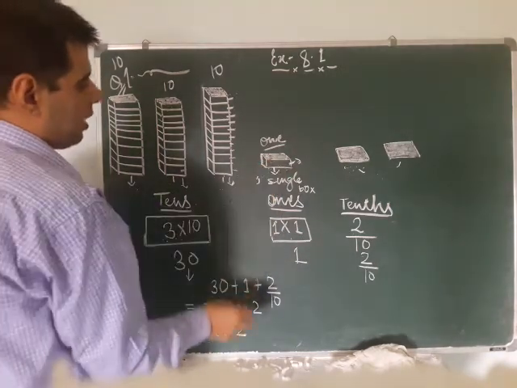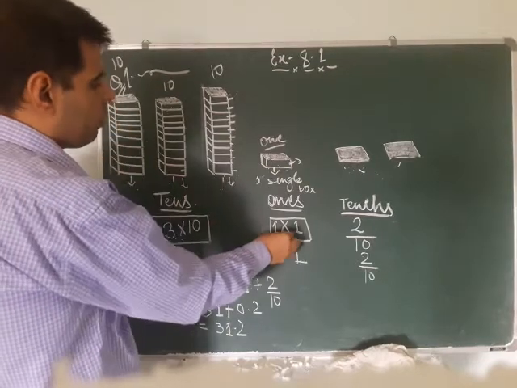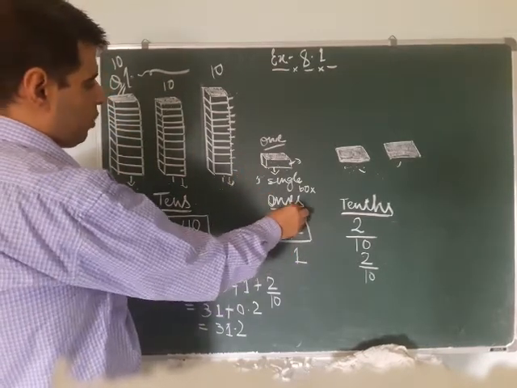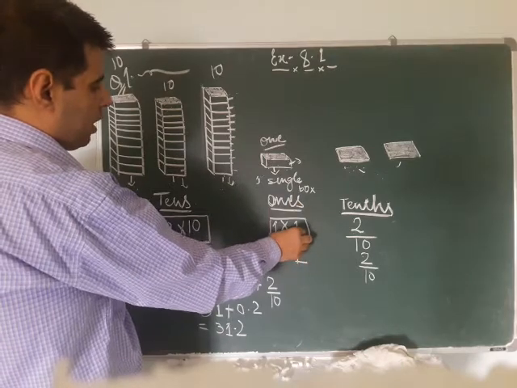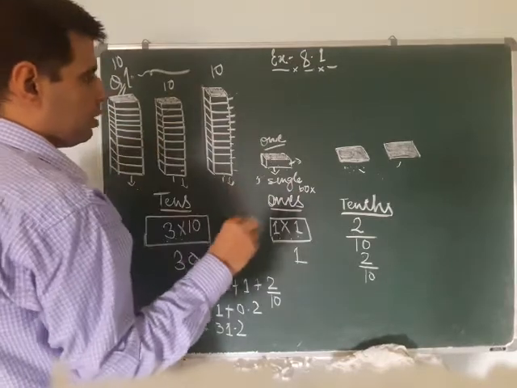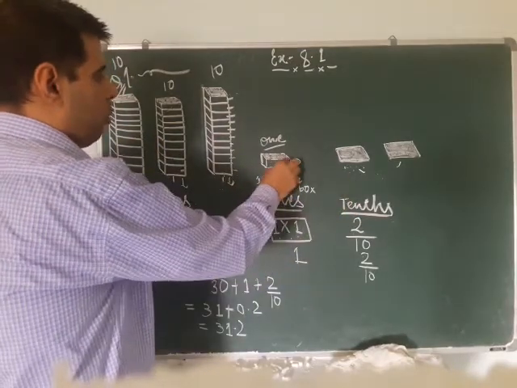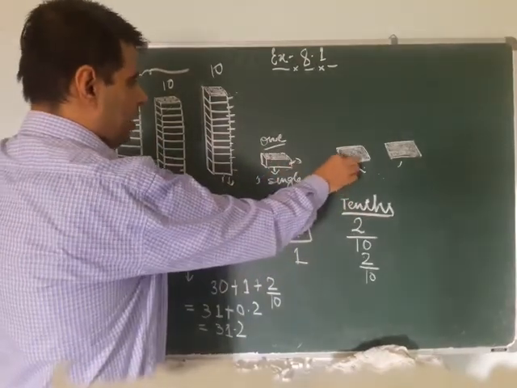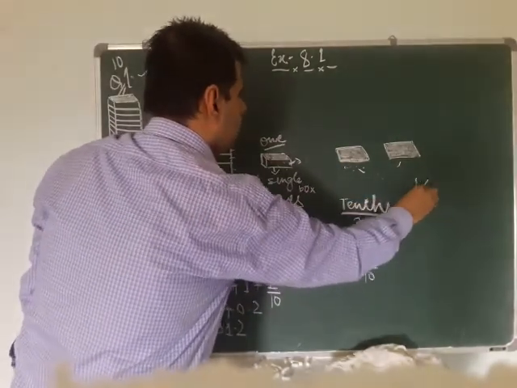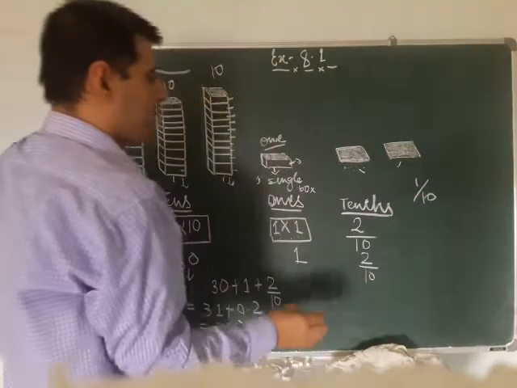We will multiply 3 into 10, so there will be 30 boxes. Here there is simply a single box, so we will write 1 into 1. It signifies there is one box, and the place value of this one box is 1, so we wrote it here 1 into 1. And here the one-tenth part, since this box is made of 10 entity, we can say that the value of a single entity is 1 by 10.